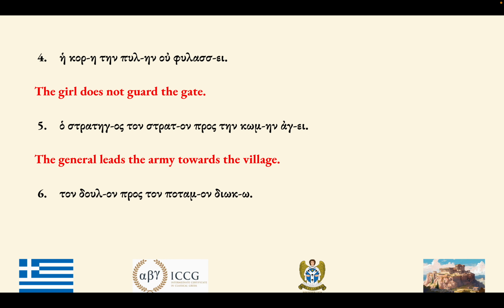And then number 6, ton doulon pros ton potamon dioko. So that one means I chase the slave towards the river. Again, ton doulon is accusative, so don't translate that first. Have a look for a subject. Now, there isn't a word that is the subject, so you need to find the subject in the verb ending. So dioko means I chase.